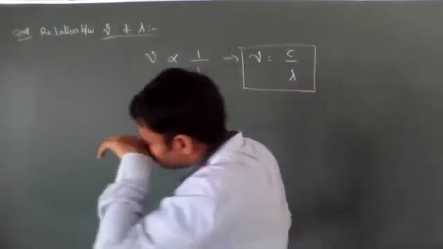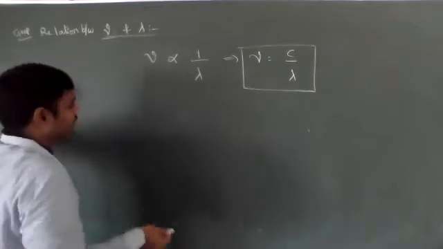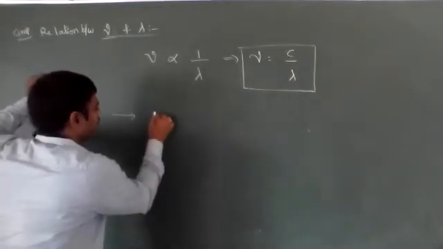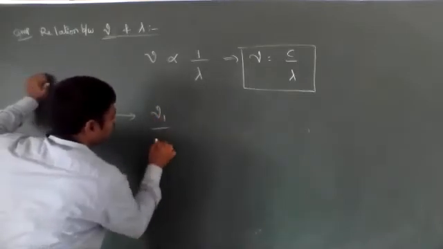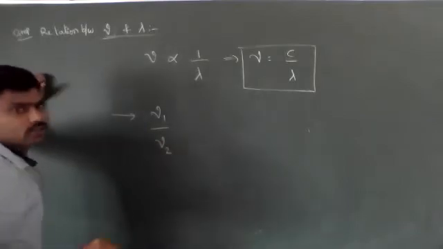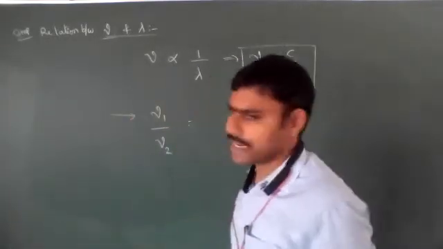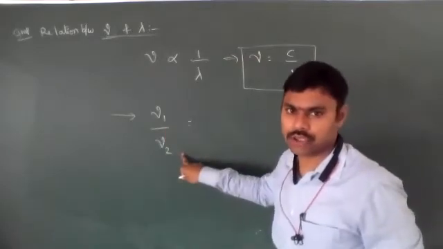For example, two different electromagnetic radiations are present, with frequencies nu1 and nu2. Their wavelengths: nu1 is more when compared to nu2.